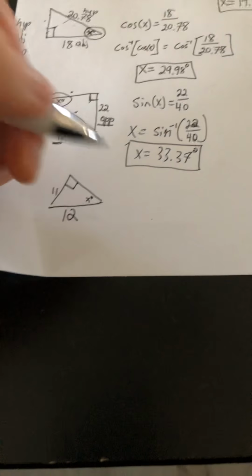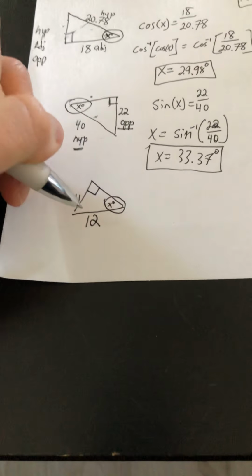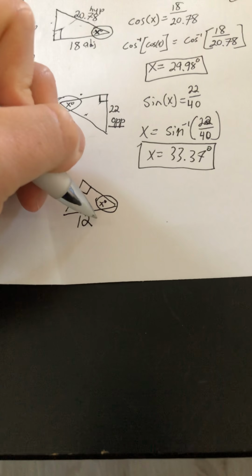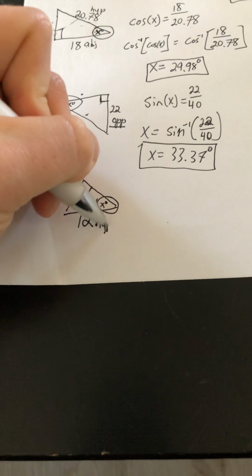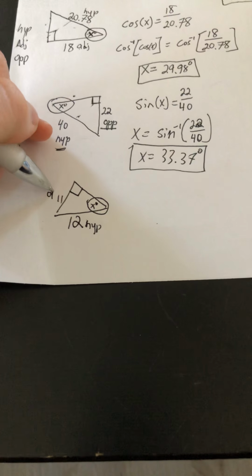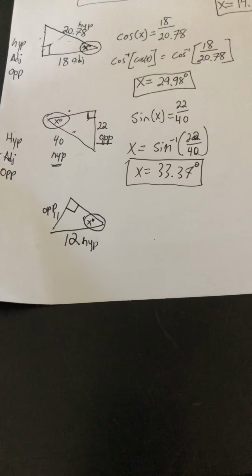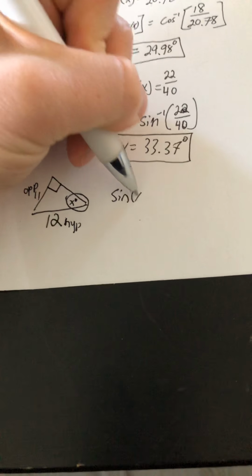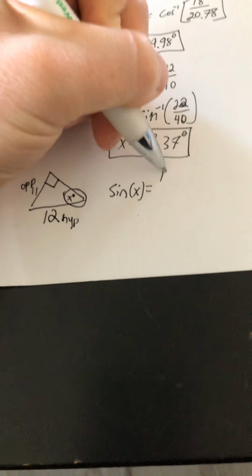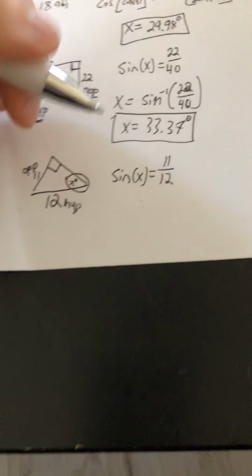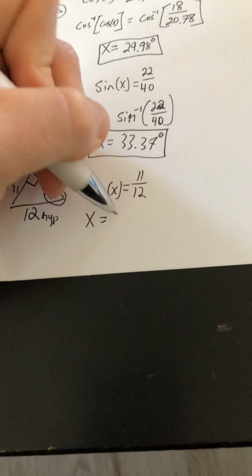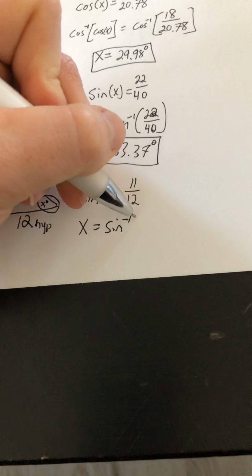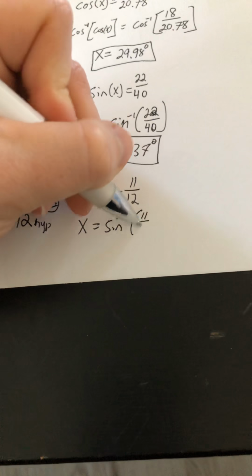Okay, so let's see. There's my angle. This is opposite of our right angle, so it's the hypotenuse. And this one is the opposite because it's not touching our angle. So you guys should have chosen sine of x equals 11 over 12. And then we're just going to take the inverse sine of our ratio.